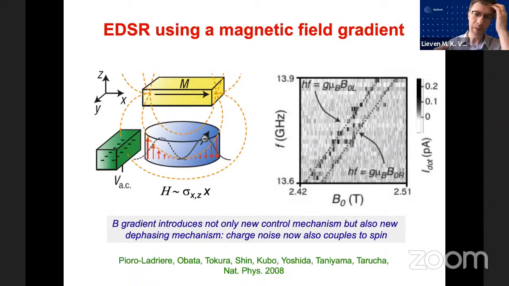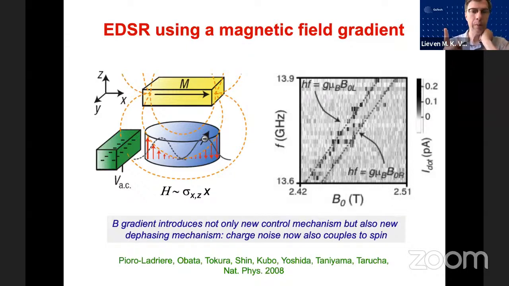The transverse meaning the electric or the magnetic field component that's orthogonal to the large externally applied field. If that is inhomogeneous over the dot trajectory, then you get an oscillation in the field it experiences. In addition, also the longitudinal component of the micromagnet gradient can be present, and so that adds to the external field.